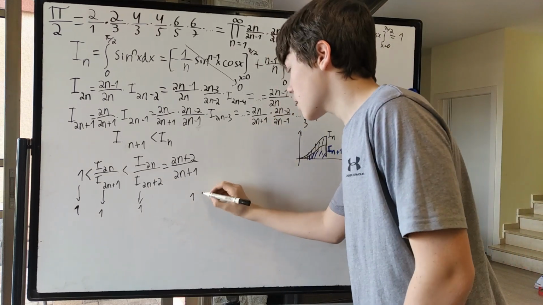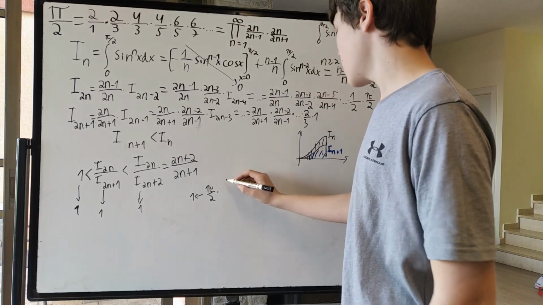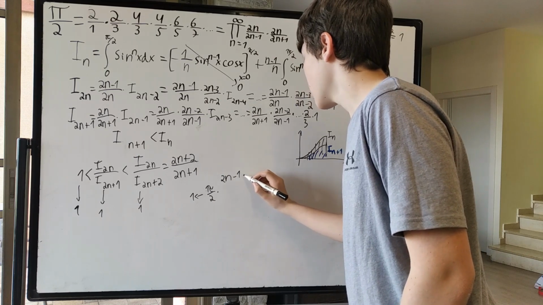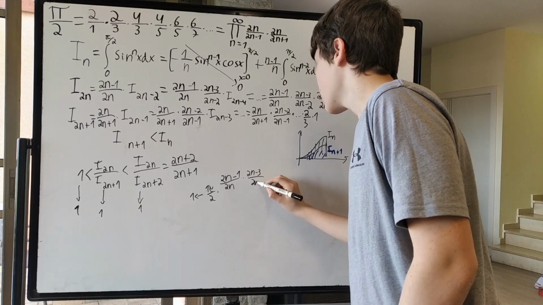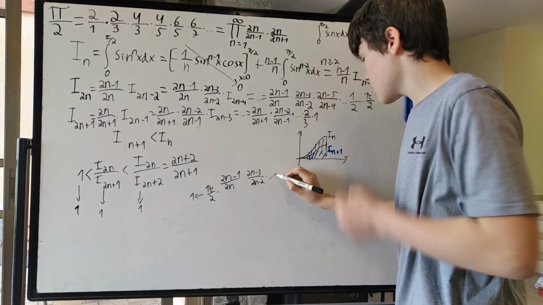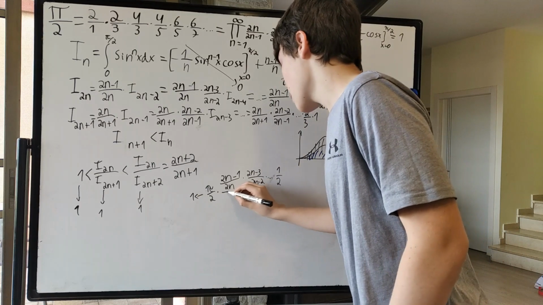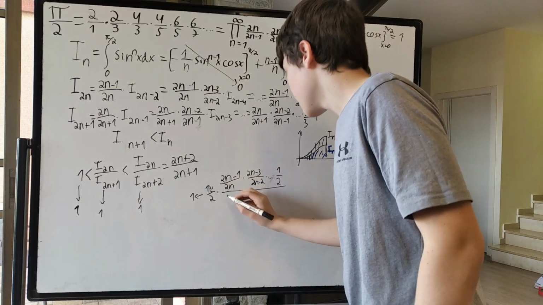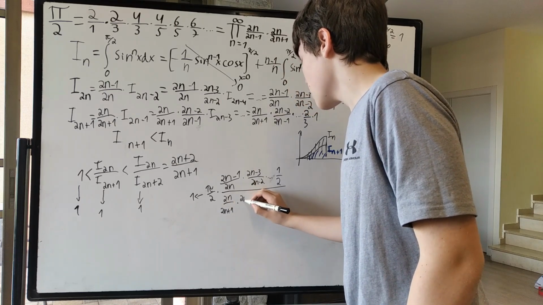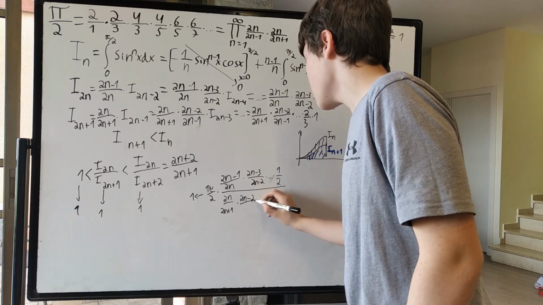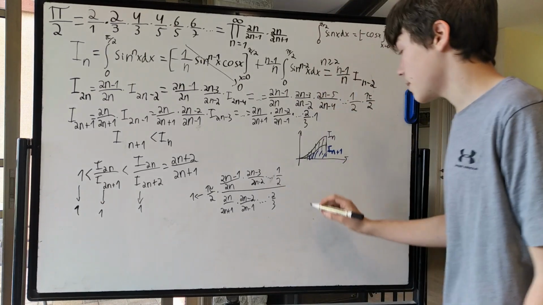So this is going to be pi over 2 times (2n-1) over 2n times (2n-3) over (2n-2), and so on until 1/2, divided by 2n over (2n+1) times (2n-2) over (2n-1), and so on until 2 over 3.